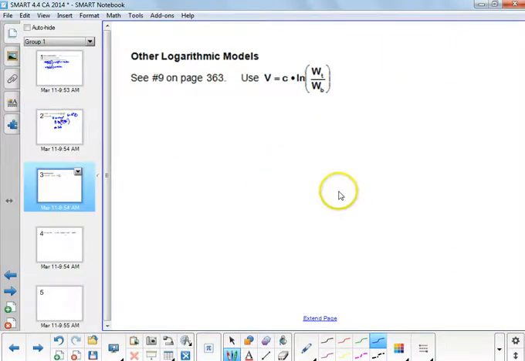Another logarithmic model. I believe this one is a rocket launch, but let me double check that. This is rocket flight. It's C times the natural log of W sub T over W sub B. W sub T stands for the takeoff weight, and W sub B is the burnout weight.